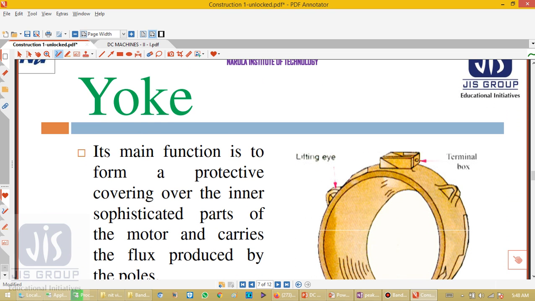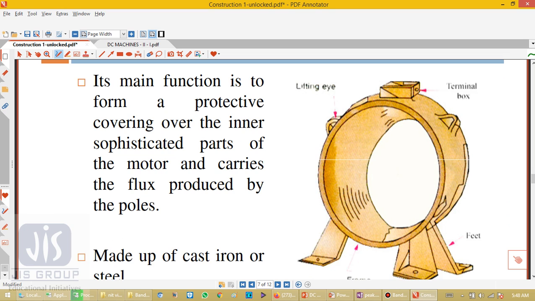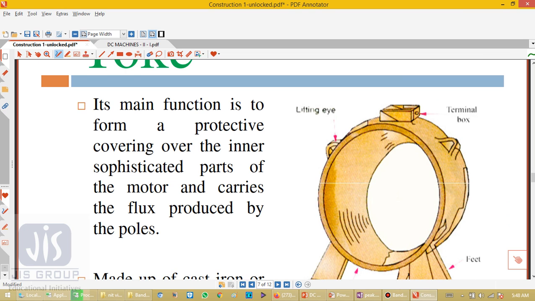So let me first discuss the frame, which consists of the yoke. Okay, so the outer part of the DC machine is basically called the frame.